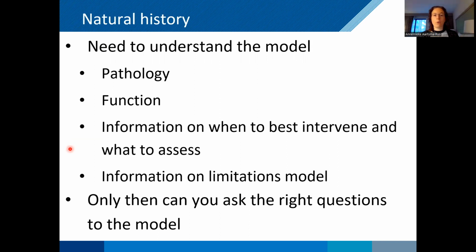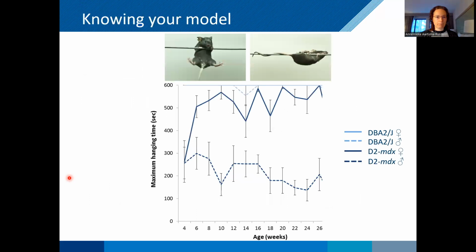So you need to know when the pathology starts, when functional deficits start, to then also optimize your intervention to best reflect the clinical situation in the patient. And when you do your natural history studies, you will also know the limitations of your animal models. Maybe a certain tissue that is affected in humans is not affected in your animal models. You need to know these things because then you can ask the right questions to the right model.